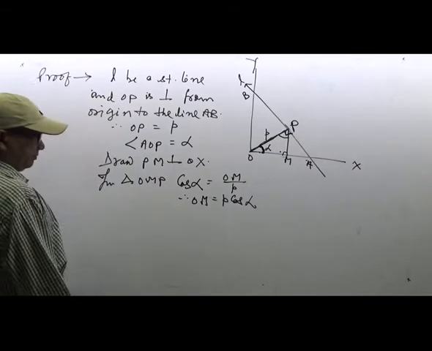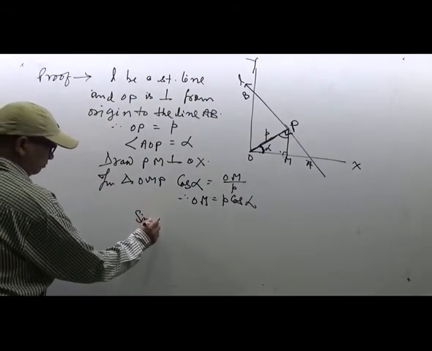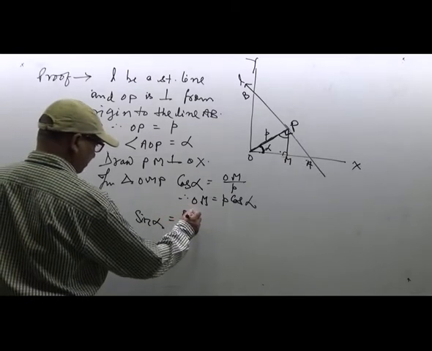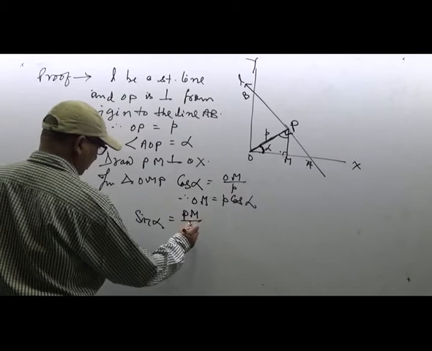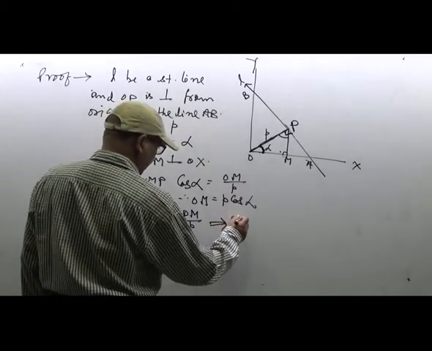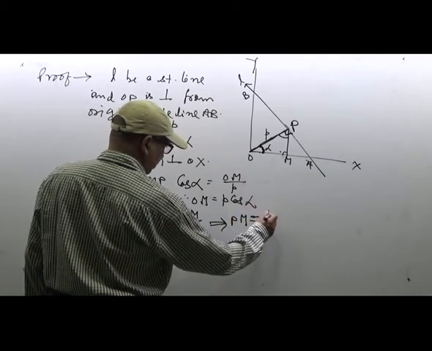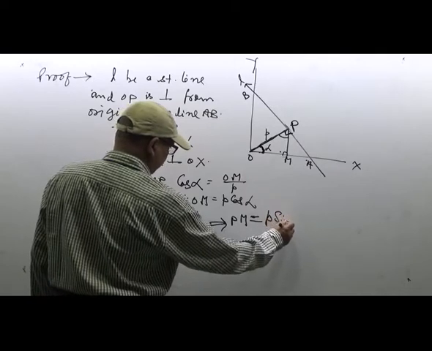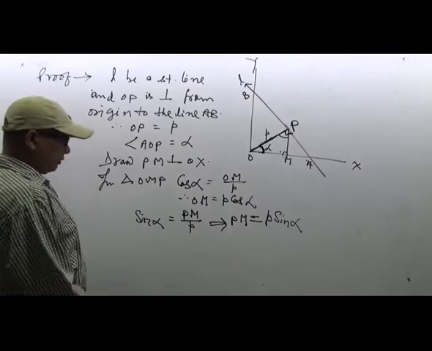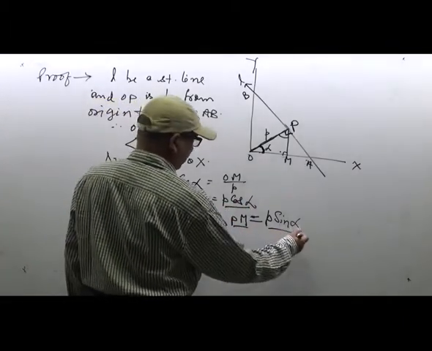Now again, sin alpha is equal to P by H, that is PM by small p. This implies that PM is equal to small p sin alpha. So OM is equal to p cos alpha and PM is equal to p sin alpha.